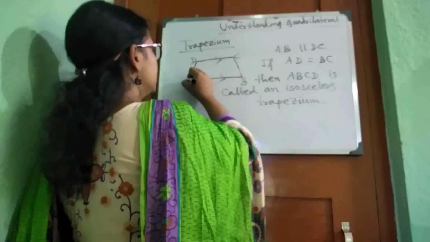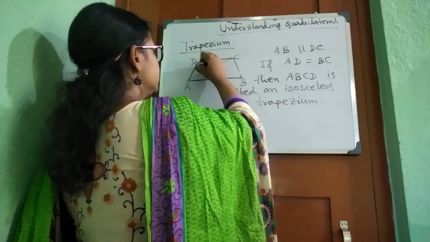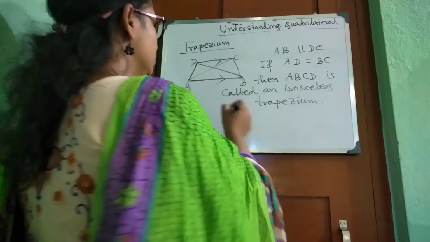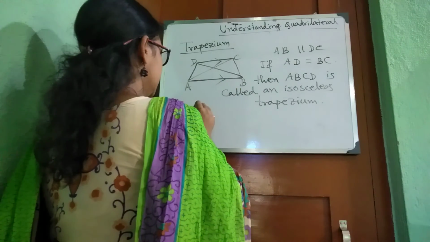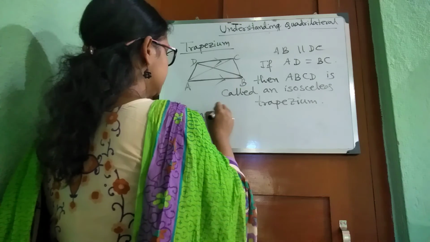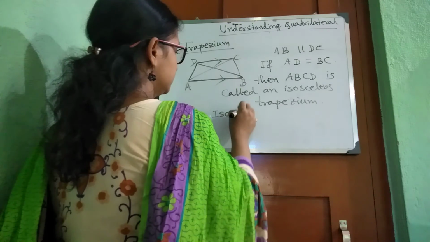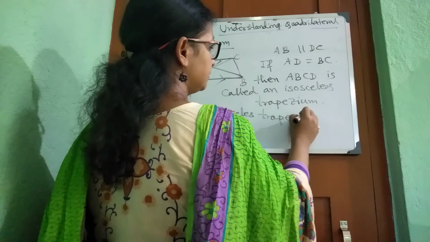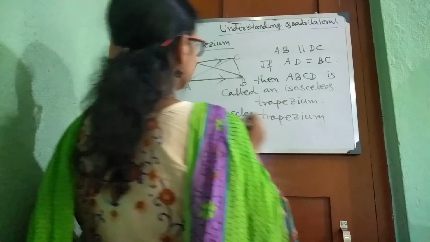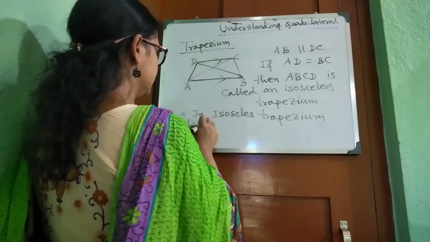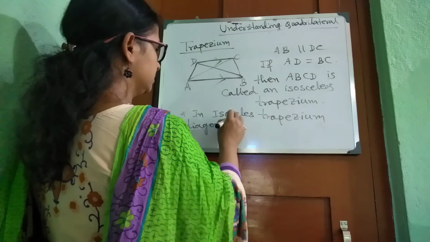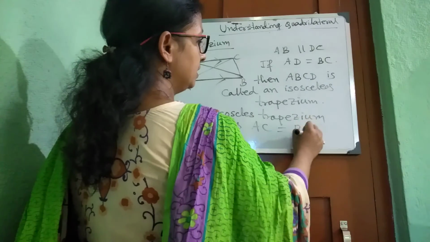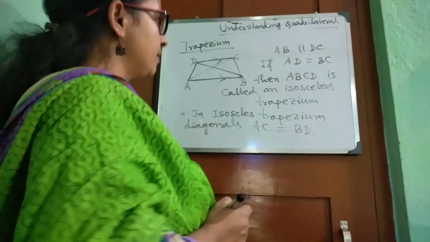There is one note: in an isosceles trapezium the diagonals are equal, AC equal to BD. Okay, you will remember this.